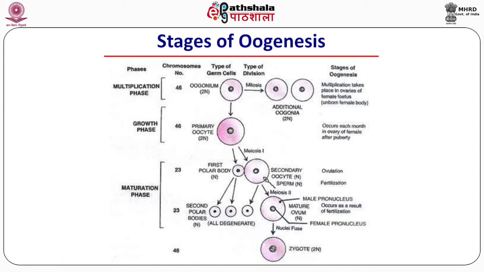As we can see here, the initial oocyte germ cell is called the oogonia, which has 2n number of chromosomes, that is the complete diploid set of chromosomes. With mitosis, it leads to additional oogonia. However, this mitosis process is restricted only in the fetal period of a human female.